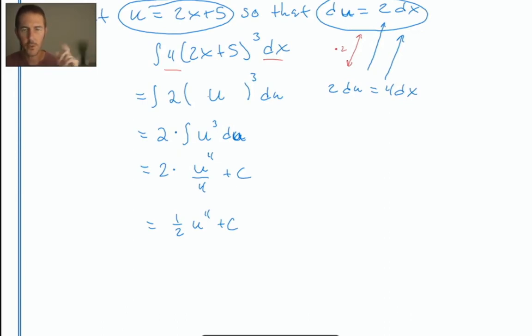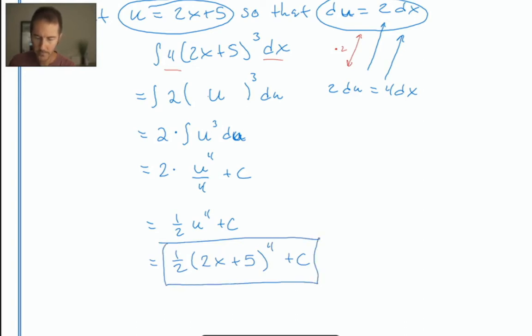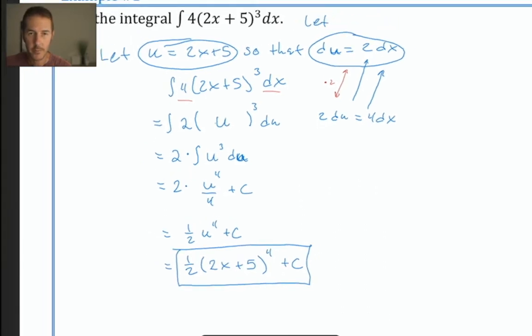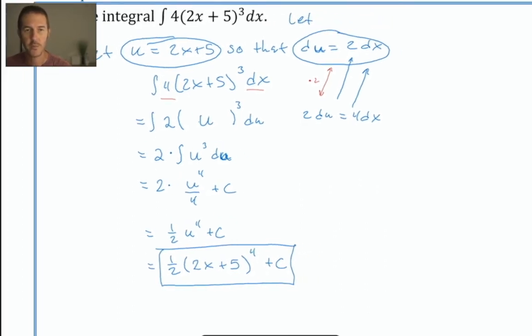Yep, it's 2x plus 5, all being raised to the 4th power, and don't forget your plus c. This is the antiderivative of 4 times 2x plus 5 to the 3rd.